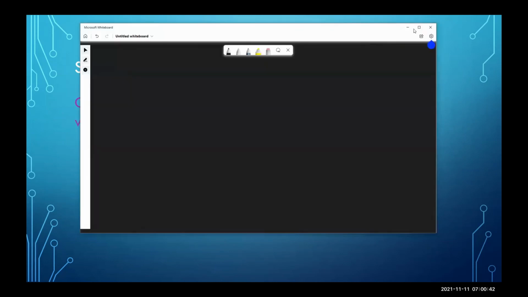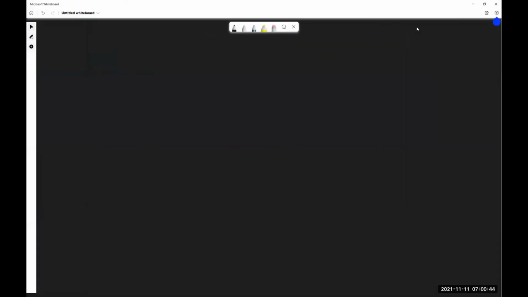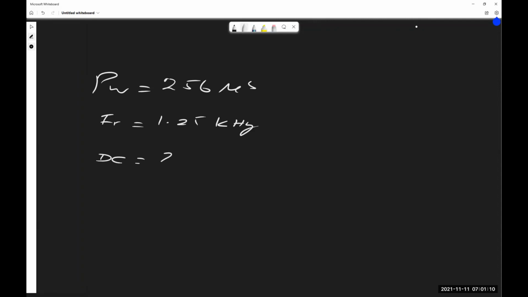So let me put that in here: the pulse width is 256 microseconds, the frequency is equal to 1.25 kilohertz, and the question is the duty cycle.